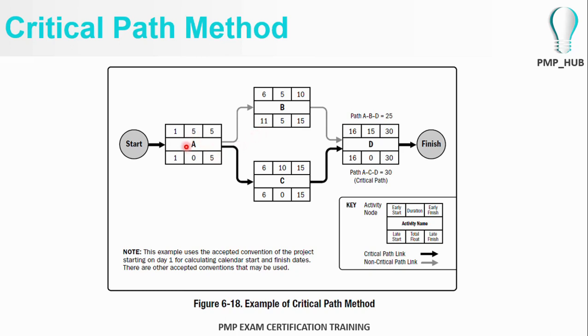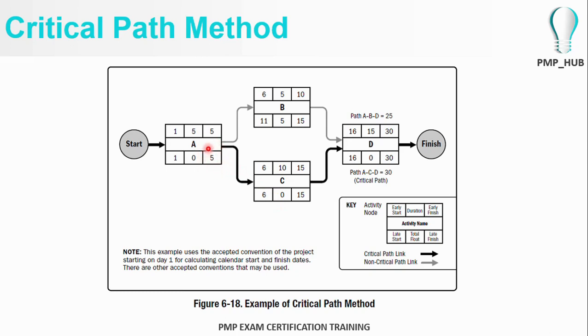If you take activity A, B and C depend on the output of activity A. So the latest start date of activity B is 11 days, and the latest start date for activity C is 6 days. Since C depends on A's output, and the latest start date activity C can commence is day number 6, therefore the latest finish date of activity A should be day number 5.